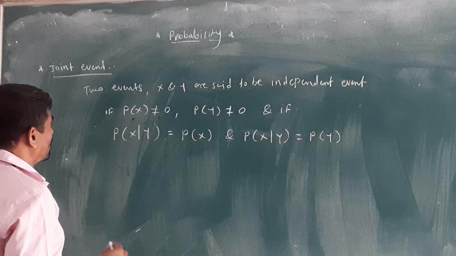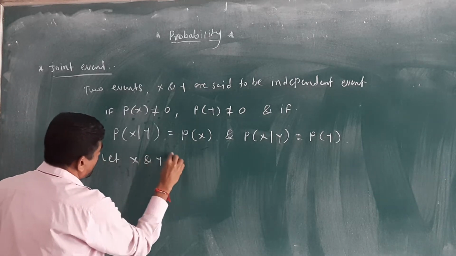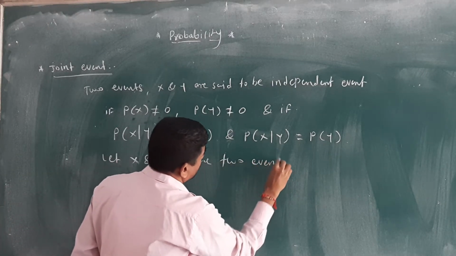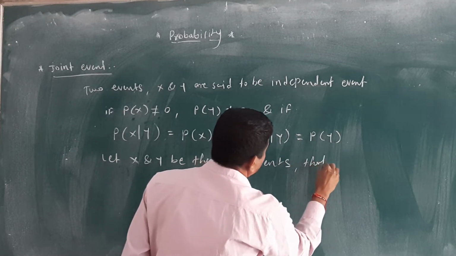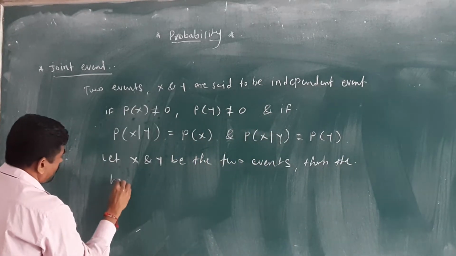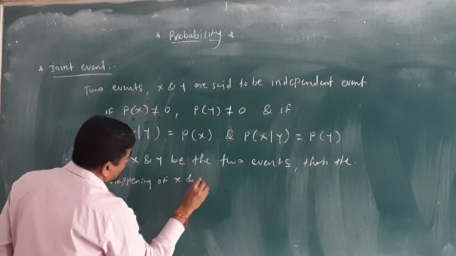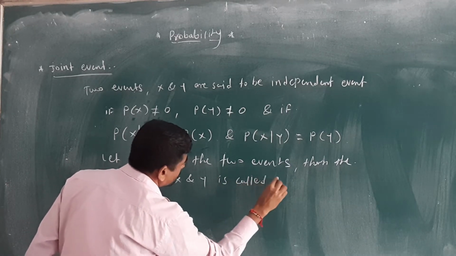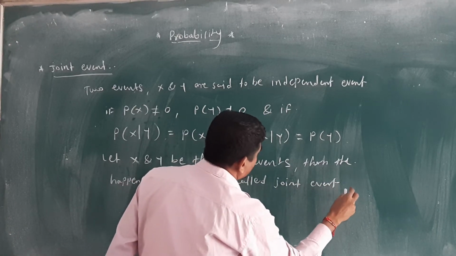Let X and Y be the two events. Okay, let X and Y be the two events. Already I have told these two events, that the happening of X and Y is called a joint event, or joint probability.